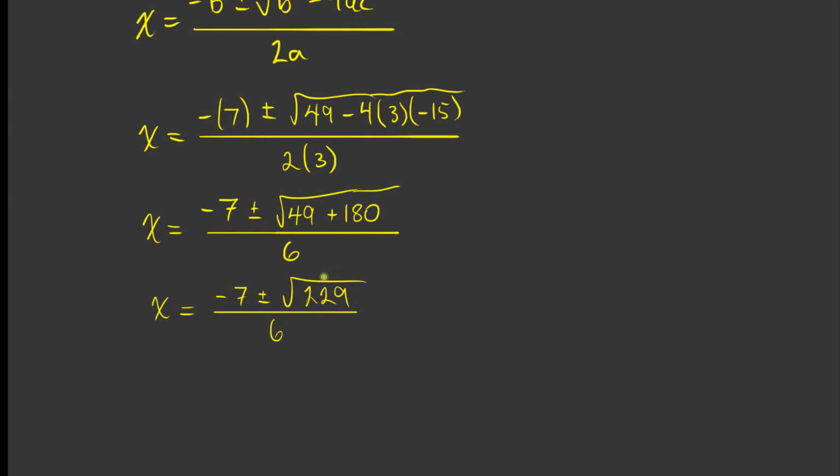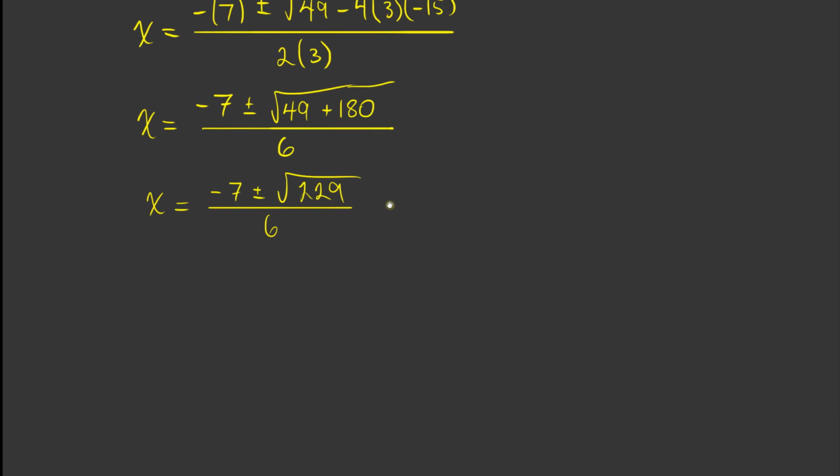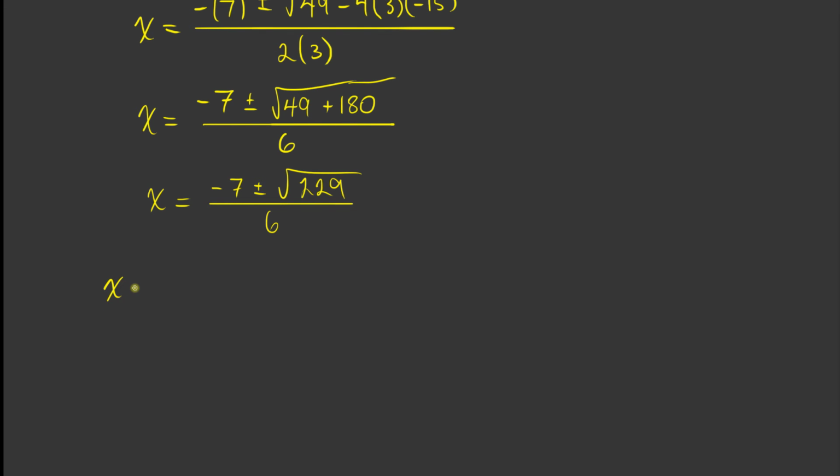And we could look for a nice clean radical with the 229. I'm just going to go ahead and use decimal values, even though they're kind of gross. So we've got negative 7 plus or minus 15.13. I'll just round to 2 decimal places, and that's all over 6 still.